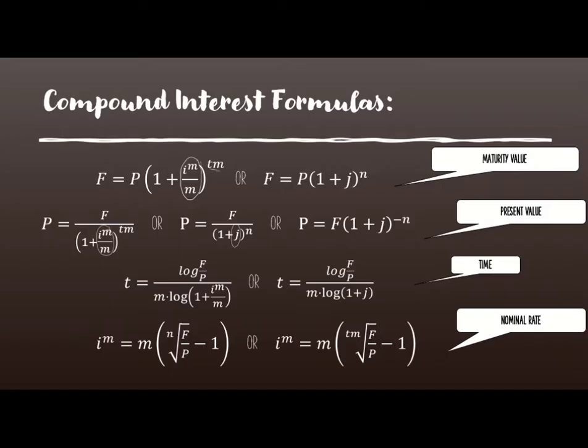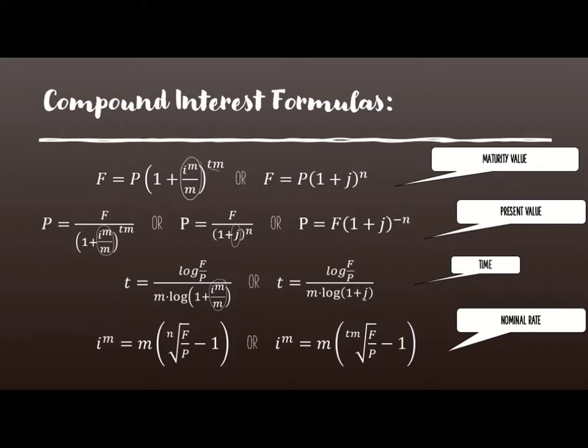Then, kapag time naman ang nawawala, time or yung term, equal to logarithm of F over P all over m times logarithm of 1 plus the interest over m. Or, palitan lang ulit to ng j. So, pwedeng kahit alin dyan sa dalawa ang gamitin.